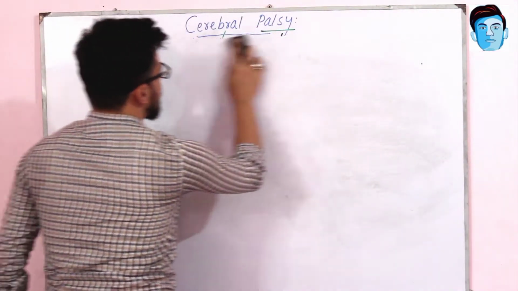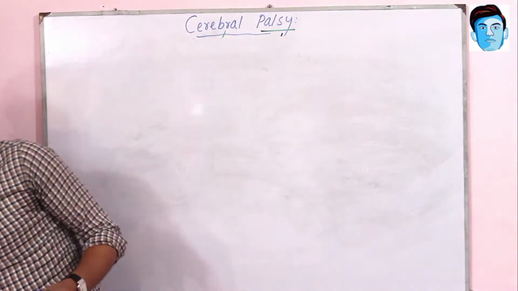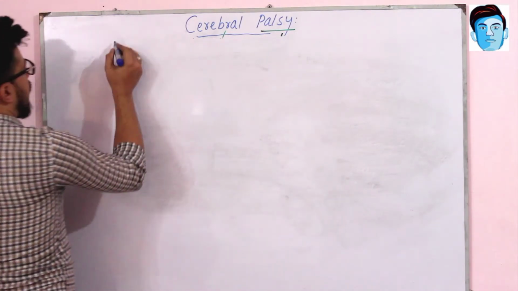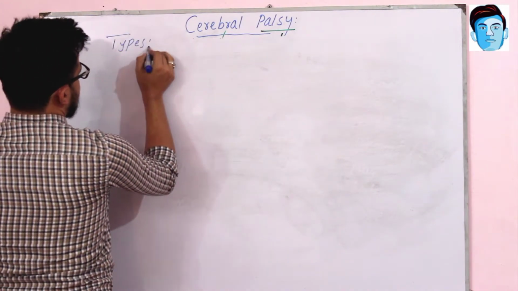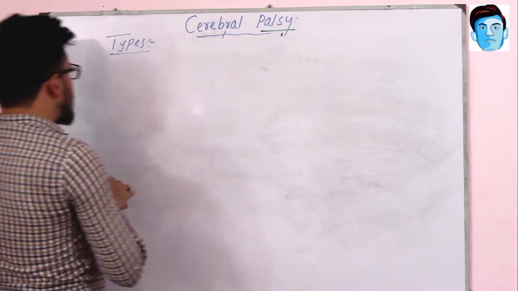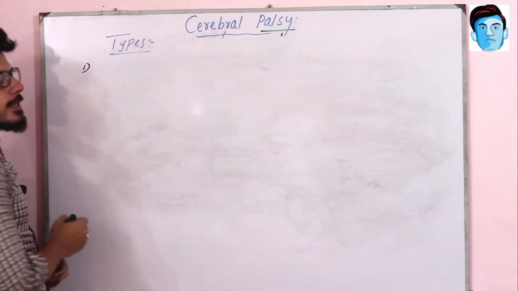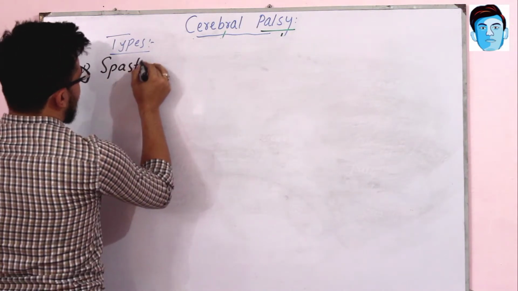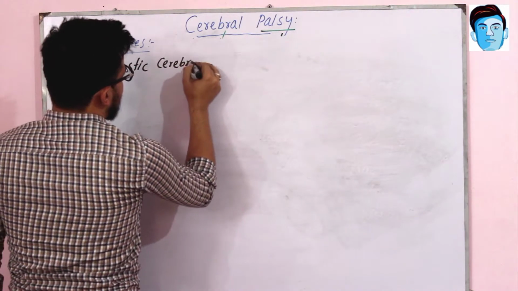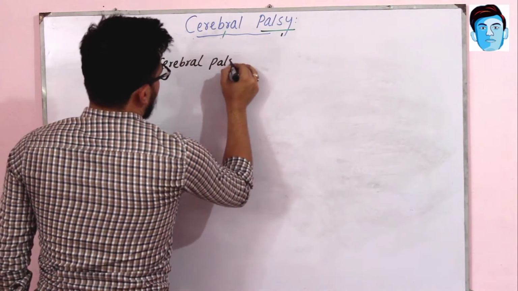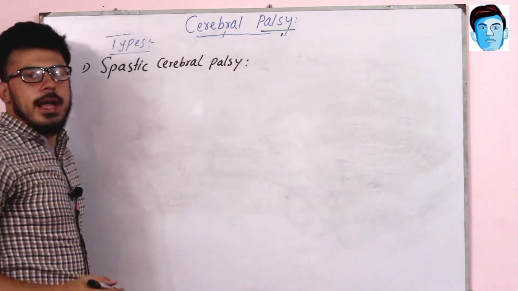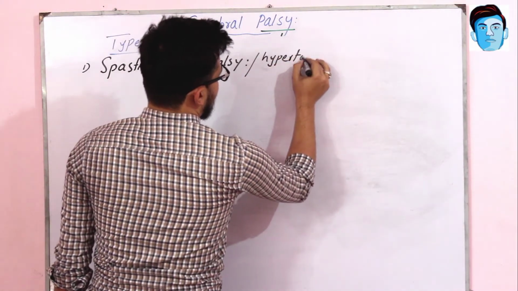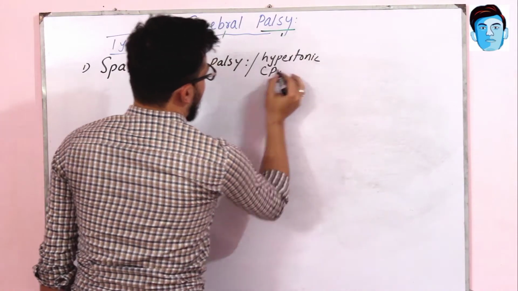So how many types of cerebral palsy are there? There are 4 types of cerebral palsy. Now let's discuss the types. The first type is called spastic cerebral palsy, which is also called hypertonic cerebral palsy.